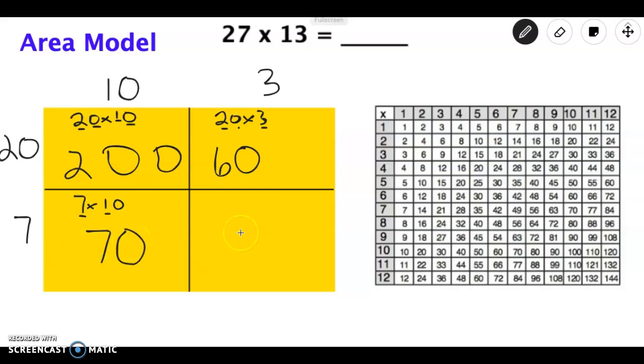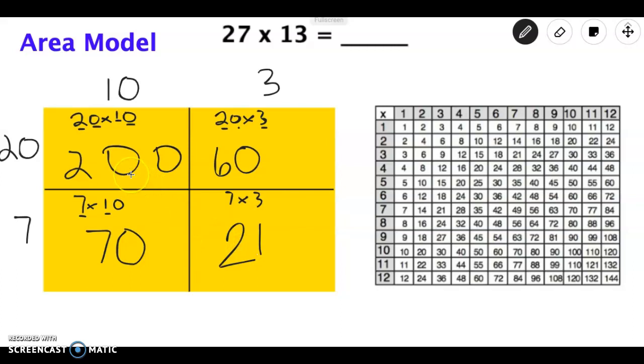And then the last box right here, I'm going to think 7 times 3 up here, and that is going to give me 3 times 7, or 7 times 3, that's 21. Let me just go ahead and write that down of what I'm thinking of. 21. Great.